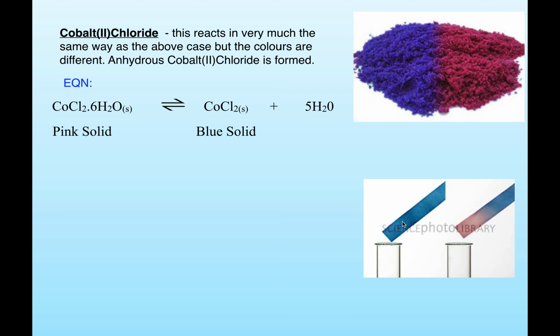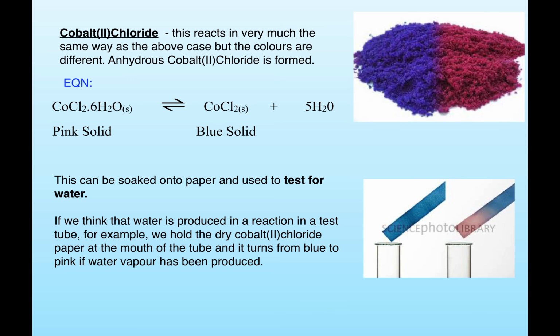When the filter paper is damp it turns pink, and when it's dry it's blue. It's called cobalt chloride paper. It can also be used as a test for water. So here, for example, if we think there's water vapor coming out of this tube, it will turn the cobalt(II) chloride pink if it is water vapor coming out of the tube.